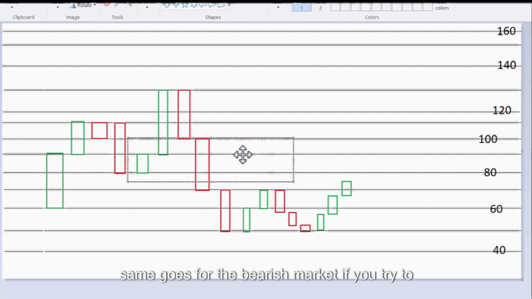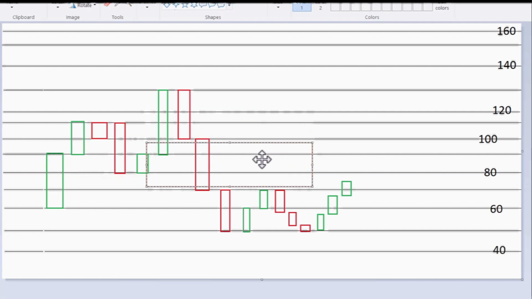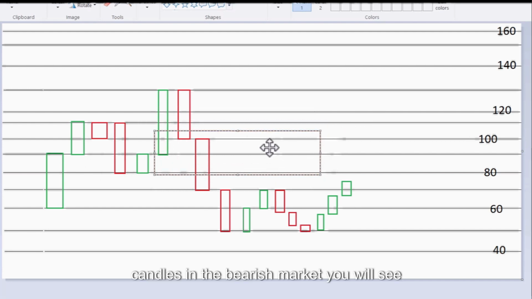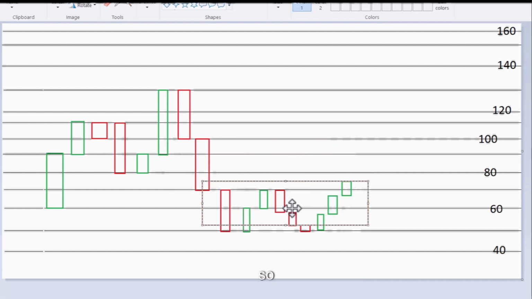Same goes for the bearish market. If you try to cover all these candles in the bearish market, you will see that they do not fit, which means that this is not a sideways market. So let me recap.